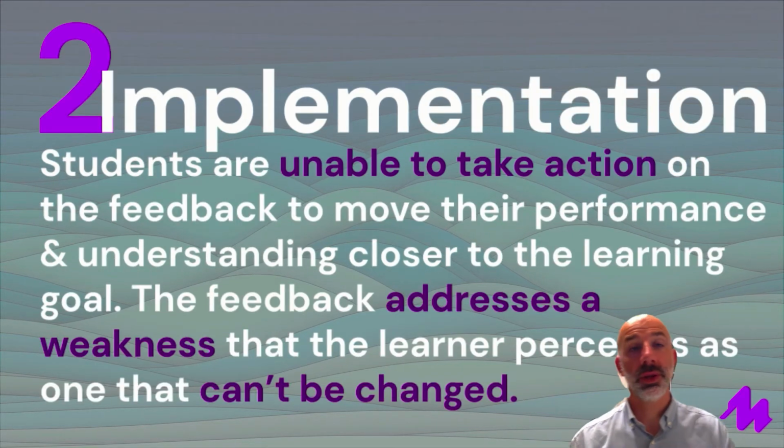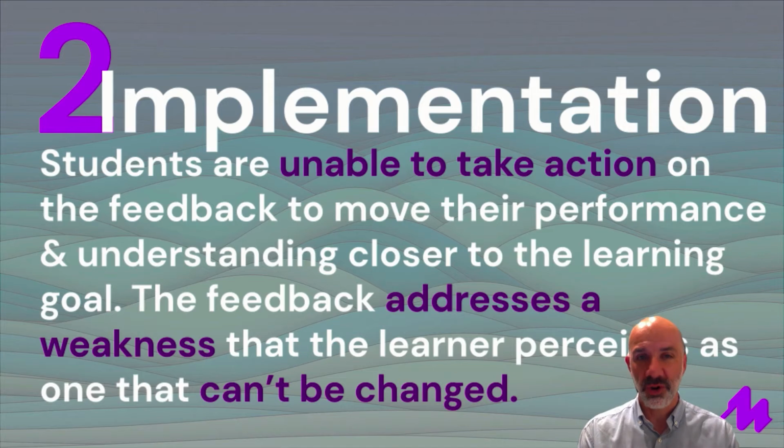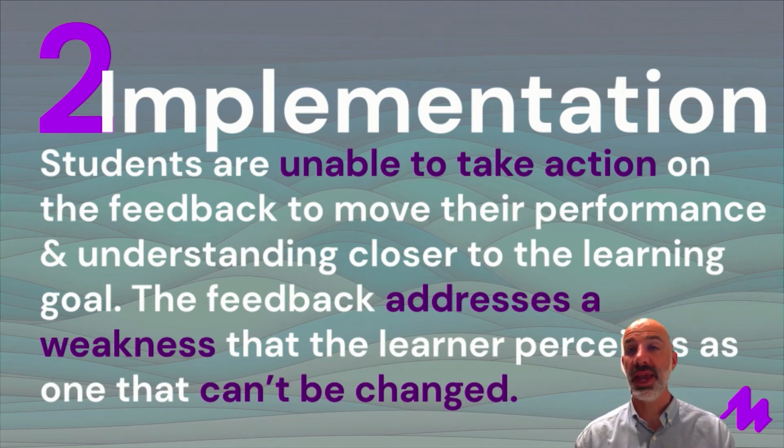Challenge or obstacle number 2 is implementation. So students are simply unable to take action on the feedback and move their performance and understanding closer to the learning goal. So what do we mean by that? The feedback addresses a weakness that the learner might perceive as one that simply can't be changed.